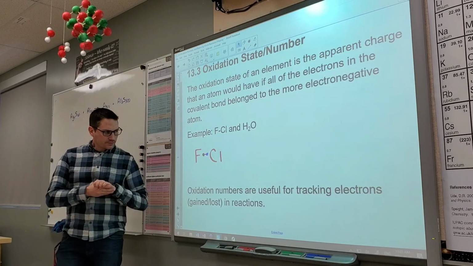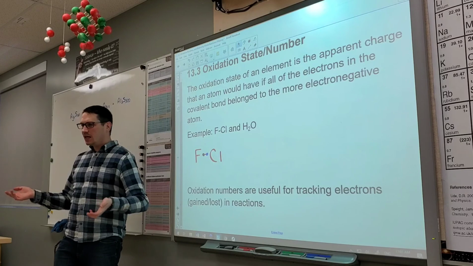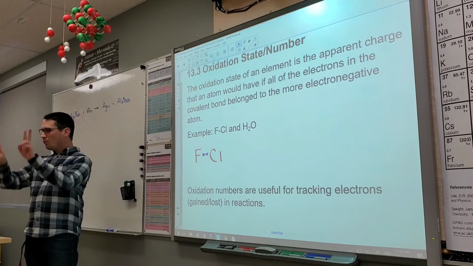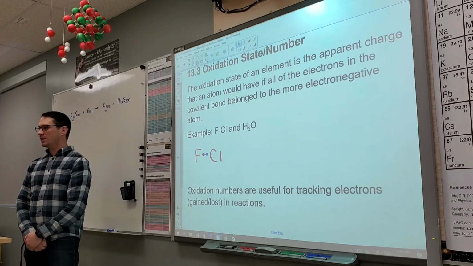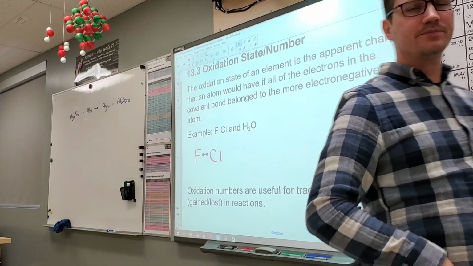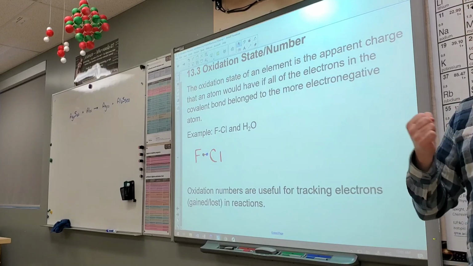So this is a tug of war. Do you remember this from last year, from Chem 20? This is a tug of war between these electrons, and who is winning? Let's take a look at fluorine. What do you know about fluorine and its ability to pull in electrons?